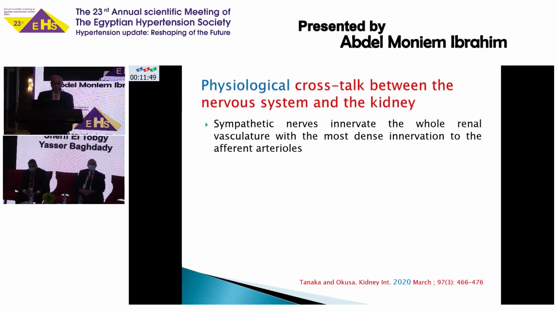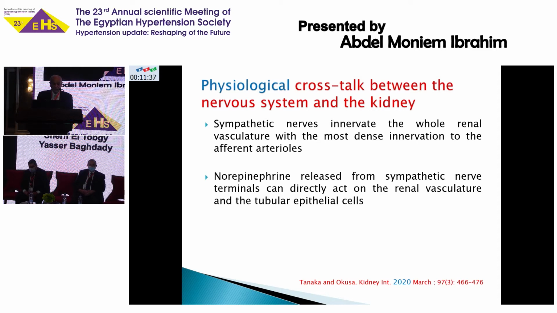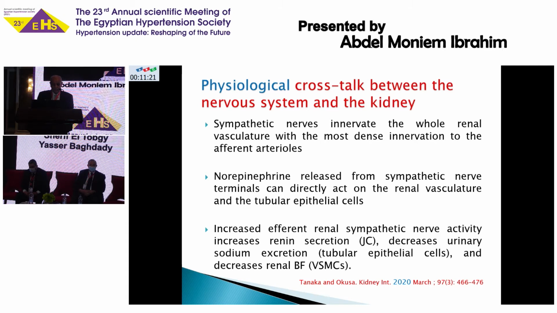From the previous figure, the sympathetic nerves innervate the whole renal vasculature with the most dense innervation to the afferent arterioles. Norepinephrine released from the sympathetic nerve terminals can directly act on the renal vasculature and the tubular epithelial cells.